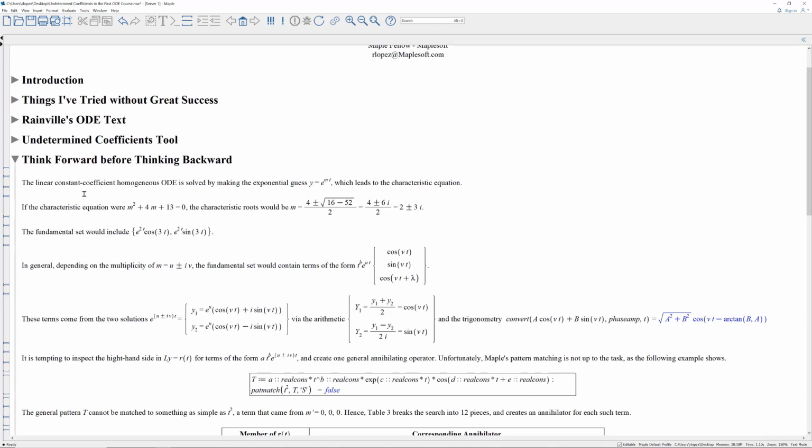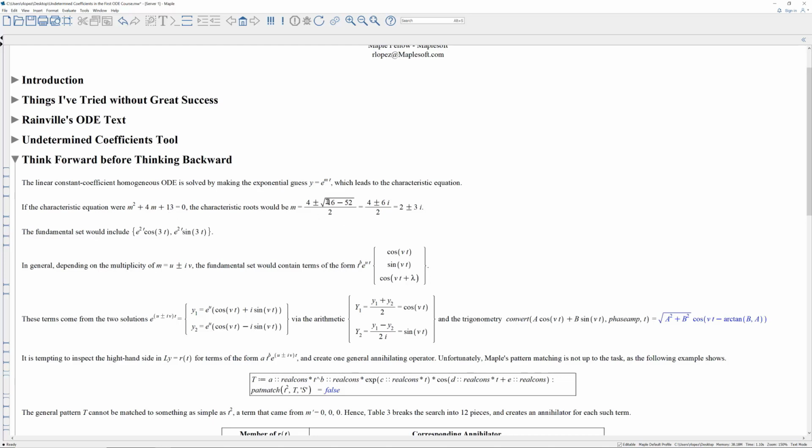Let's take a linear constant coefficient homogeneous ODE. Solve it by making the exponential guess. So you get the characteristic equation. Suppose the characteristic equation were this: m squared plus 4m plus 13 equals 0. Characteristic roots would be, using the quadratic formula, 4 plus or minus, you get a 16 minus 4 times 13 over 2.